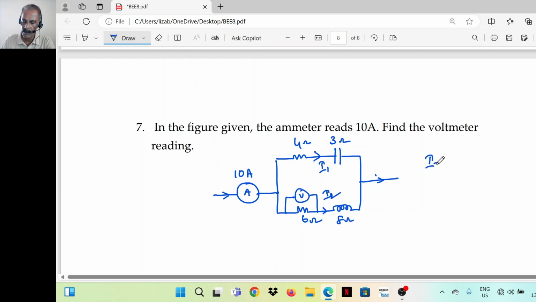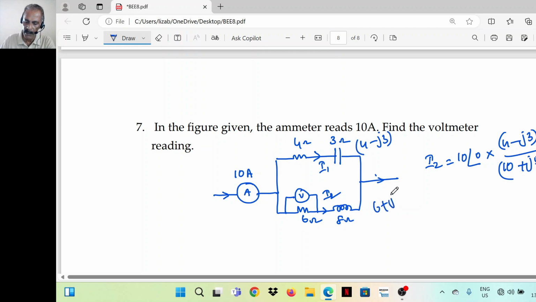So I2 is equal to 10 angle 0 into (4 minus j3) divided by the sum of the impedances, that is 10 plus j5.